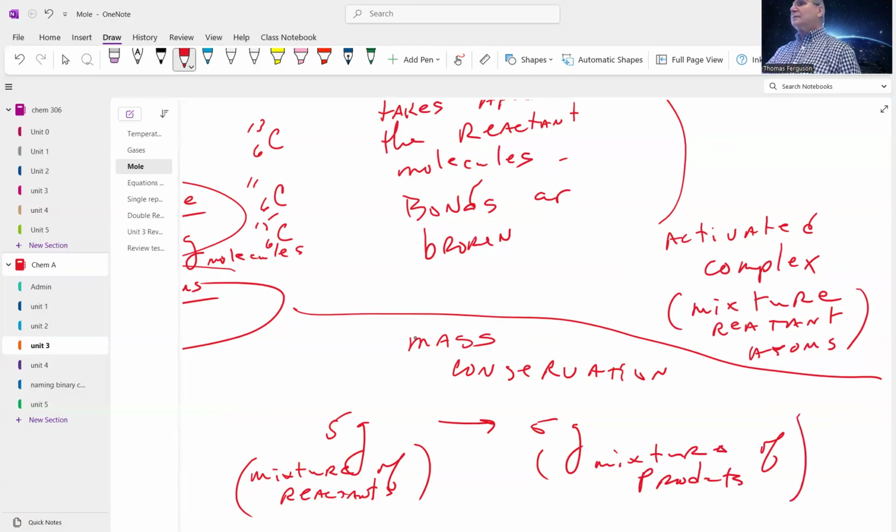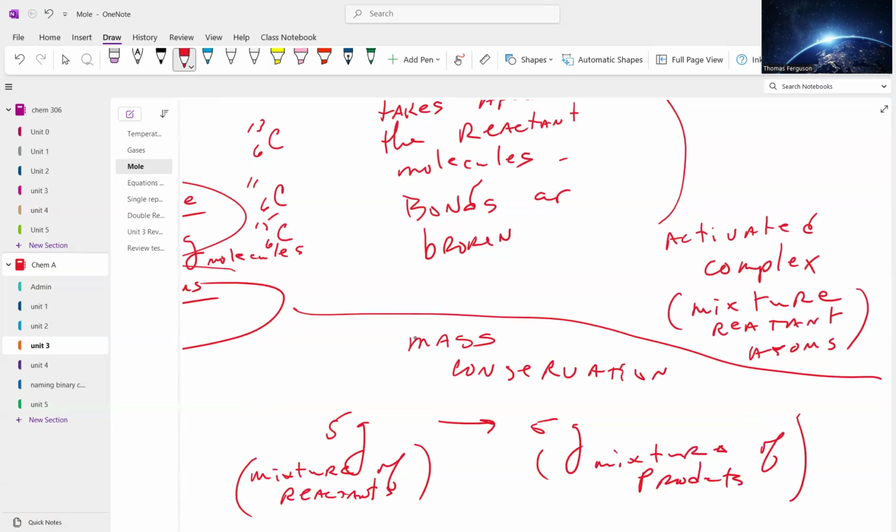And products are not the same as reactants. They have the same atoms, but the mixture is different. The connections are different. And that's what makes one more stable than the other, is that combination. So if we start with 5 grams and we end with 4 grams, we're gonna have a big explosion.